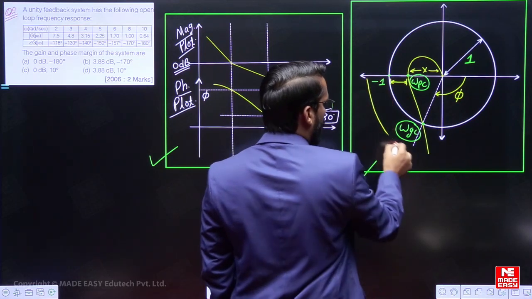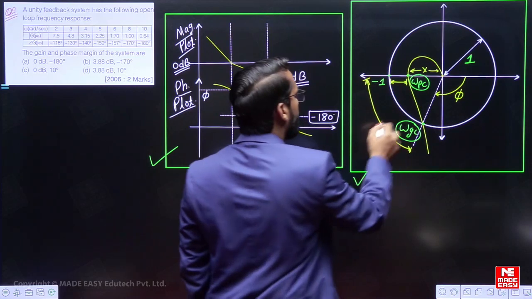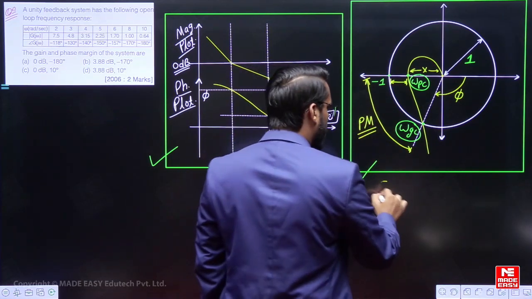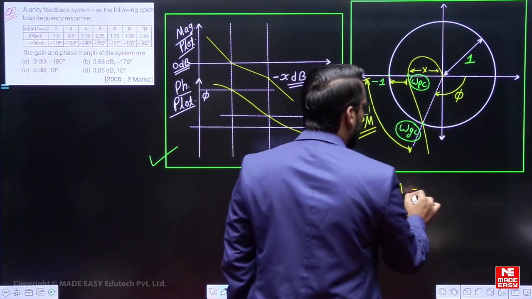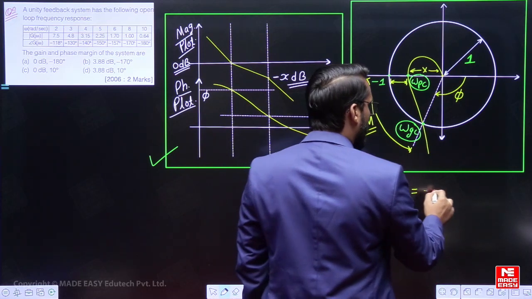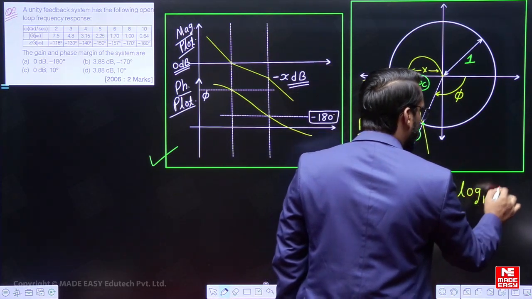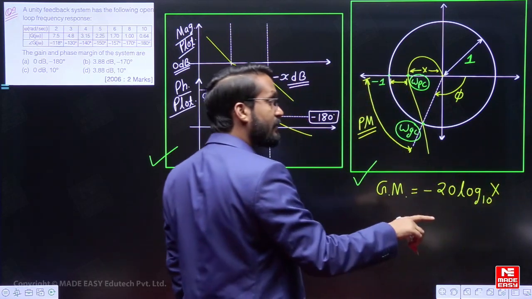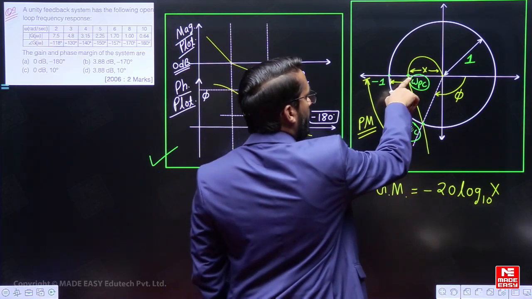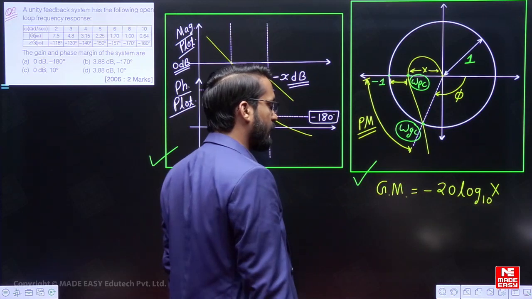This remaining part can be introduced in terms of the phase margin. Roughly I am telling. So the gain margin in dB will be equal to minus 20 log10 x. What is x? The magnitude of the open loop system gain at the phase crossover frequency.